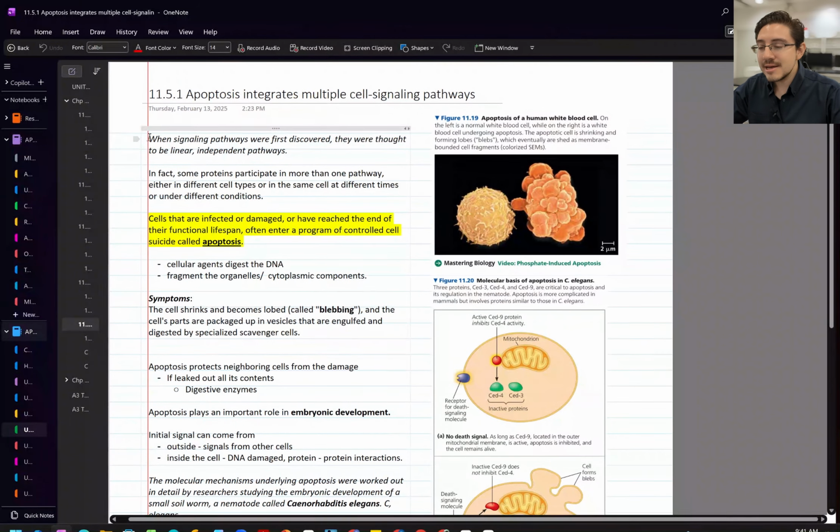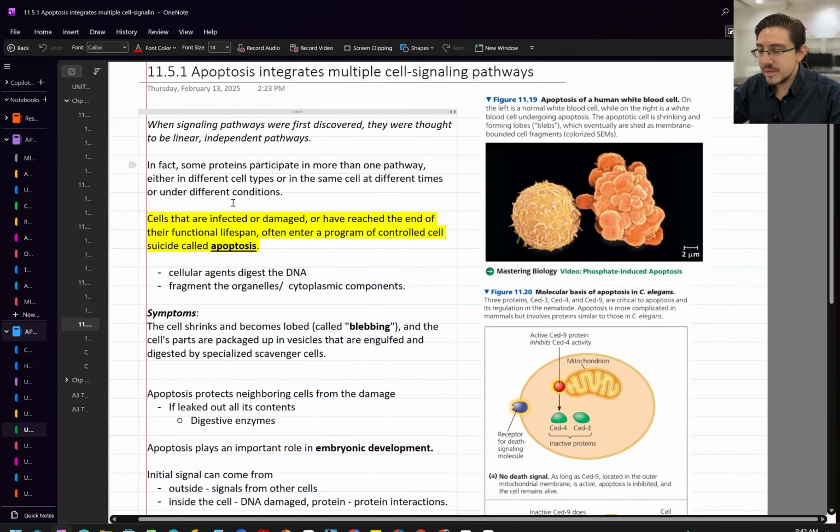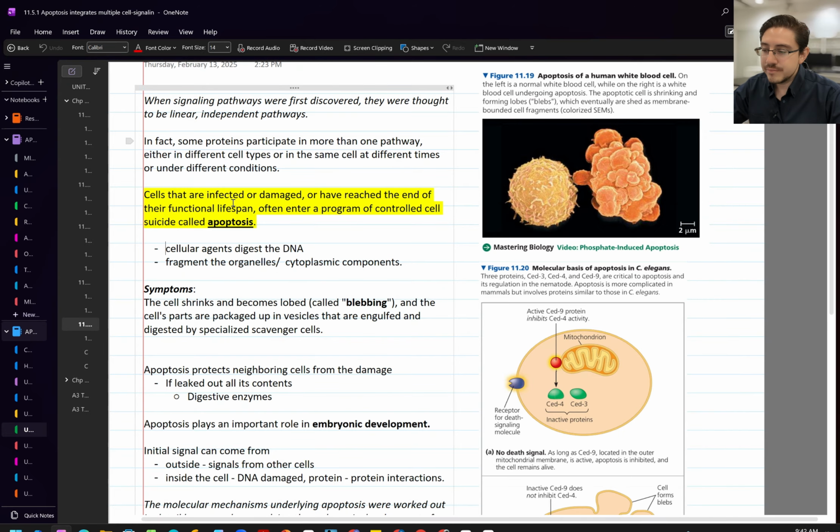Okay, and then the last section for this chapter is: apoptosis integrates multiple cell signaling pathways. When signaling pathways were first discovered, scientists thought they were very linear, independent pathways, with no interconnection between them.